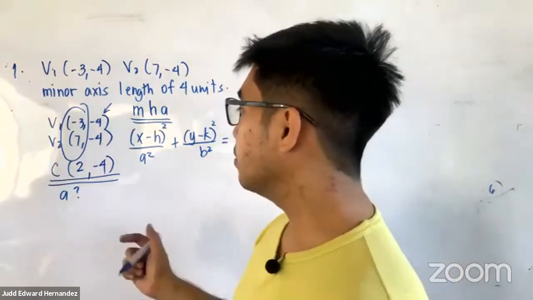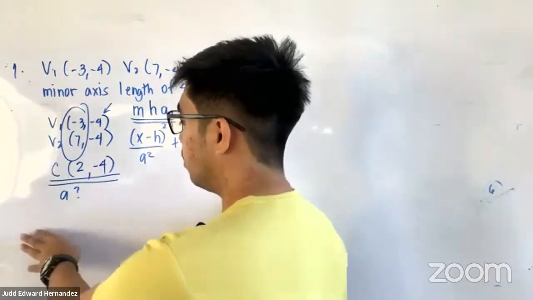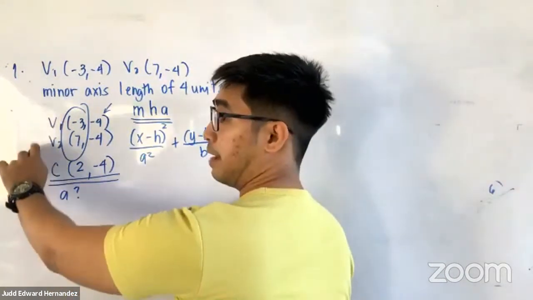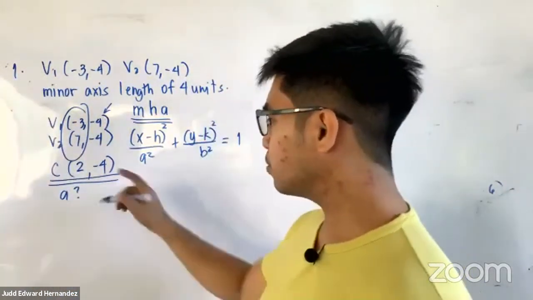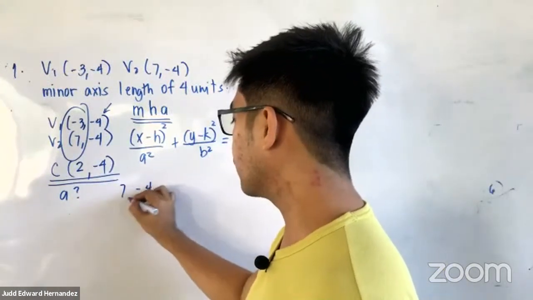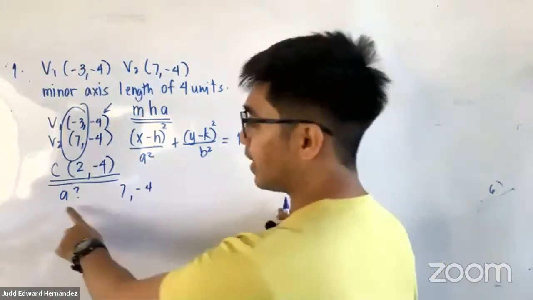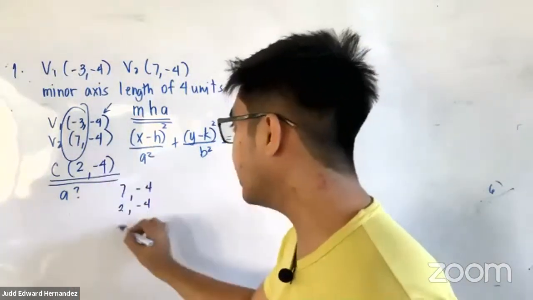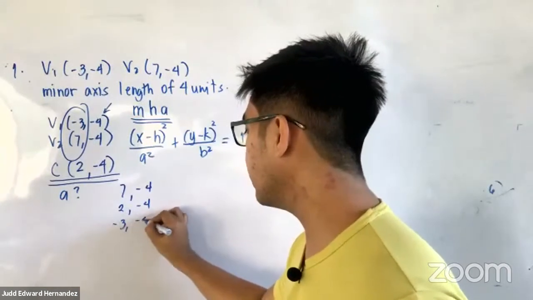5. Okay. So, kasi ganito, always remember na si A, ang kapartner niya ay endpoints ni vertices. Kung isusulat ko to, sabi natin kanina, we have 7, -4. Okay? Sa gitna dapat si center. Lalagay ko dito si 2, -4, saka ilalagay ko naman si -3, -4.